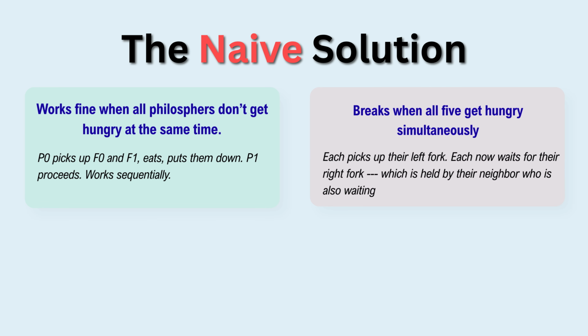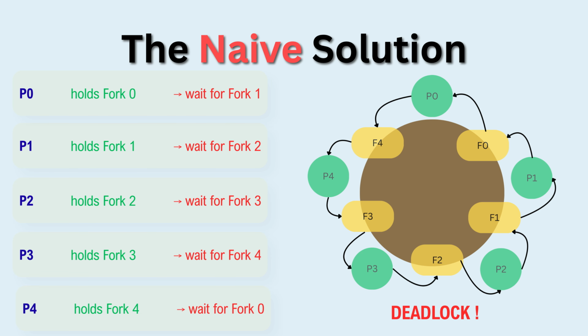But watch what happens when all five get hungry simultaneously. Each philosopher picks up their left fork, each now waits for their right fork. Their right fork is being held by the neighbor, who is also waiting for their right fork. A perfect cycle of dependencies is formed. Nobody can proceed and nobody eats.